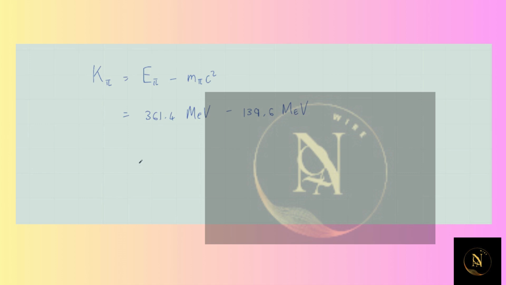Now, the kinetic energy for the pion is equal to the energy E pi minus the rest energy m pi c squared, which is 361.4 mega electron volts minus 139.6 mega electron volts, which is kinetic energy of 222 mega electron volts.